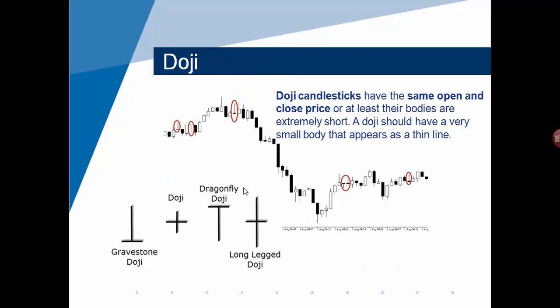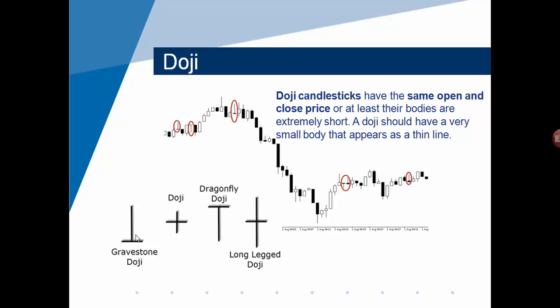Now we have what are called doji candlesticks. These have the same open and close price, or at least their bodies are extremely short, almost invisible. A doji should have a very small body that appears as a thin line. Again, these dojis are considered to be indecision candles. The names of the candles aren't really that significant.